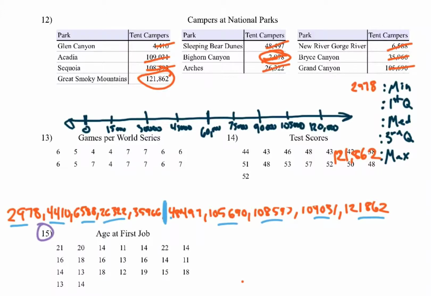So 35,966 plus 48,497 equals 84,163. Divide that by 2, and we get a median of 42,231.5. Okay, so there's our median, 42,231.5.